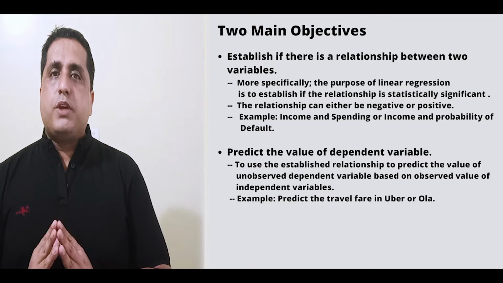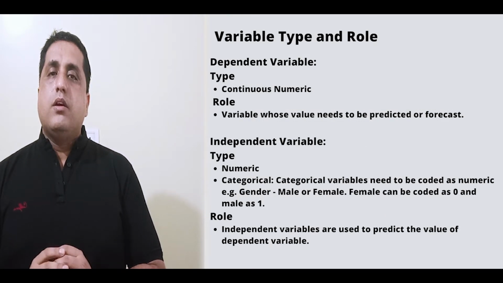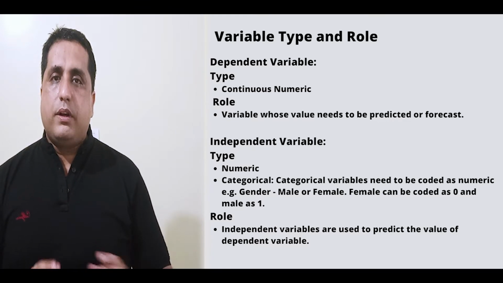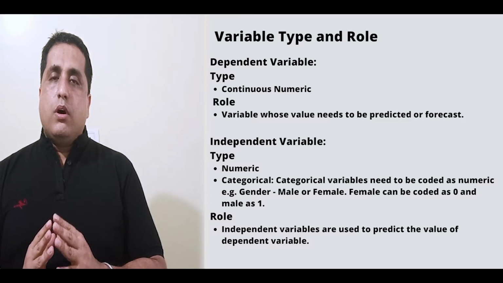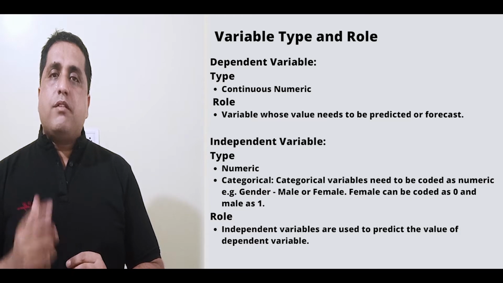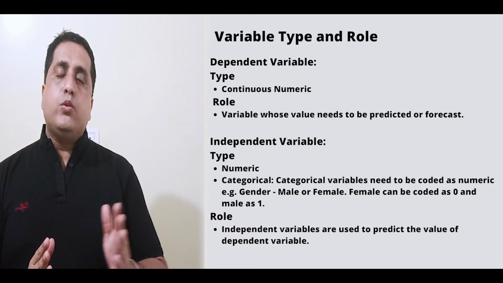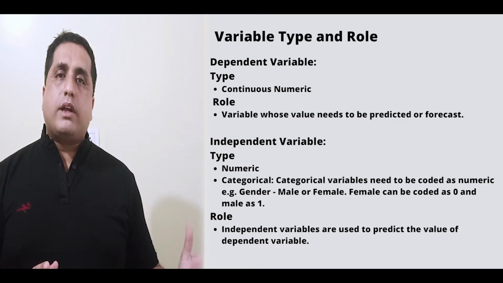Now the second objective of building a linear regression model is to predict the value of the dependent variable where the event has not happened. For example, while you book a cab through Uber or Ola, they give you a predictive rent or the charges they would charge you while you use their cab. How do they do that? Based on the historical data.